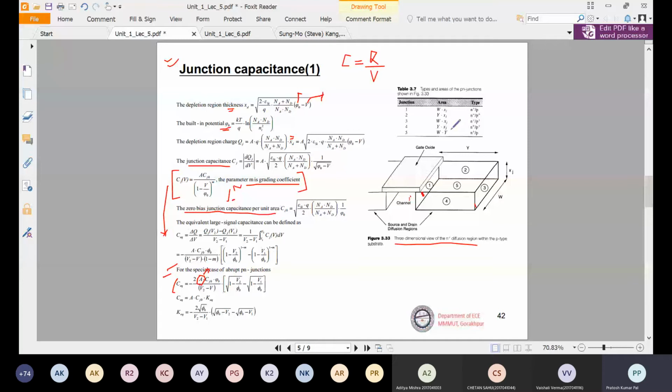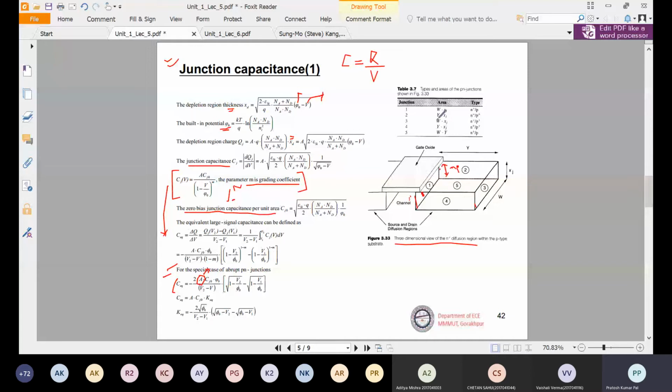Suppose the first face has width W and this height is xj, that is the junction depth. So xj into W will be the area of this region. Similarly for the second region, this width is y, and again it has a junction depth of xj, so xj is multiplied to get the area.